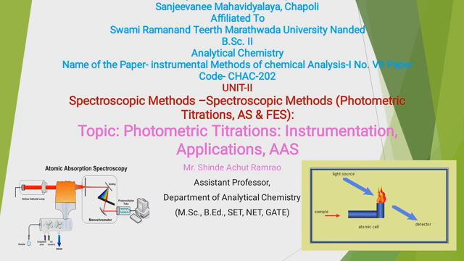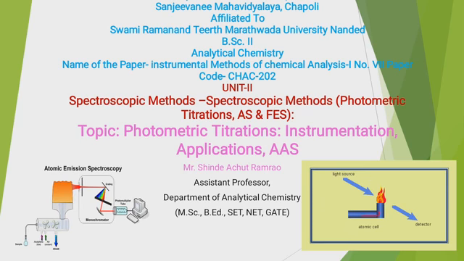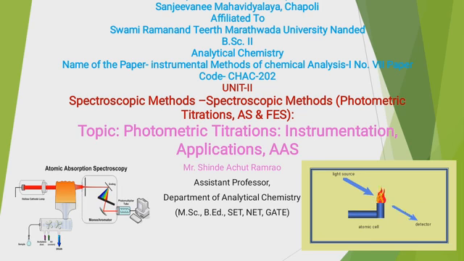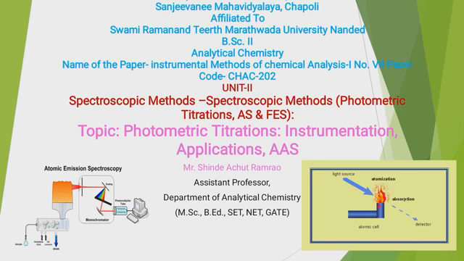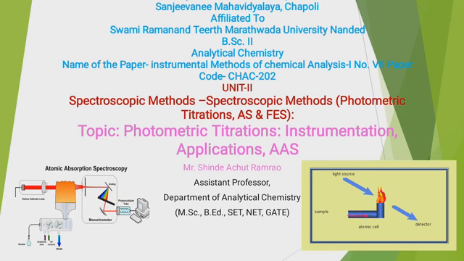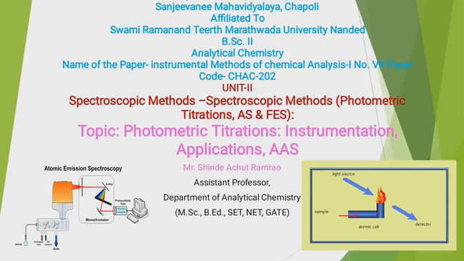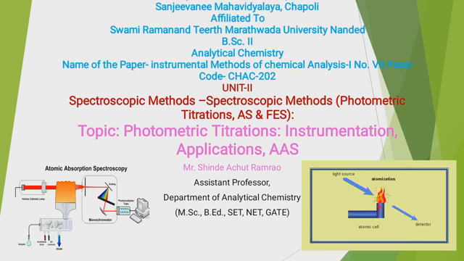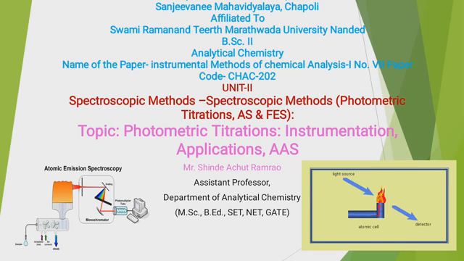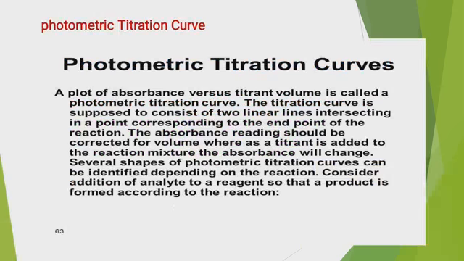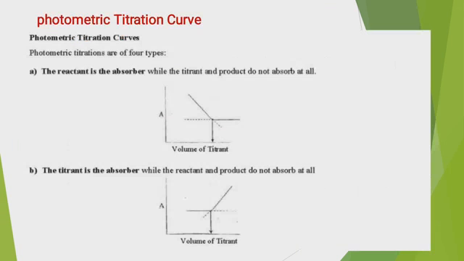The second case is that only the titrant absorbs, and the reactant and product do not absorb. And the third case is that only the product absorbs, and the reactant and the titrant do not absorb. So actually we get four types, that is, photometric titration curves.